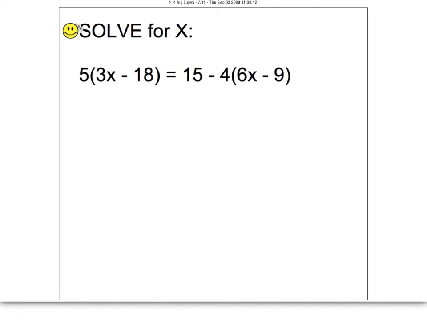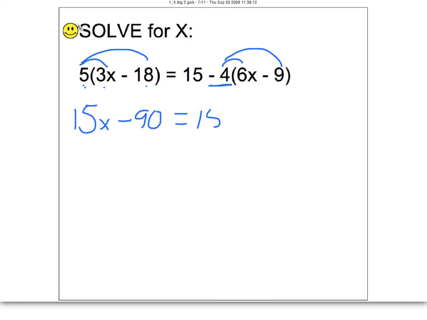This example here is pretty involved, but let's do it. Again, step 1, do any distribution that's needed. I'm going to have to distribute this 5, and I have to distribute this negative 4. Remember, it owns a sign in front of it, so it's negative 4. Let's do that first. 5 times 3x is 15x. 5 times negative 18 is going to get me a negative 90.